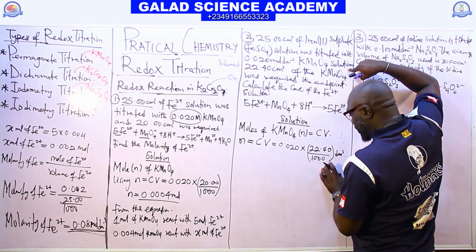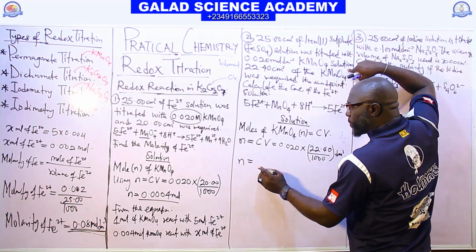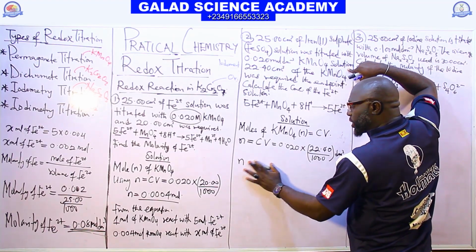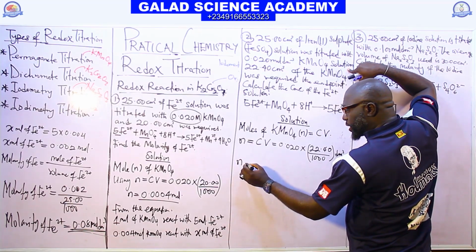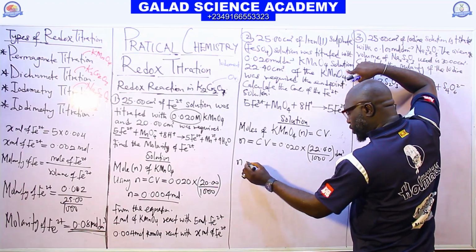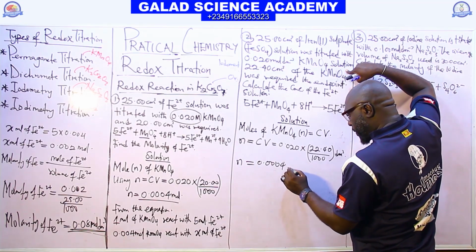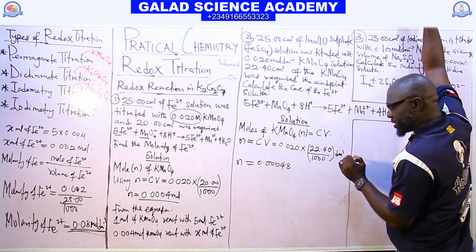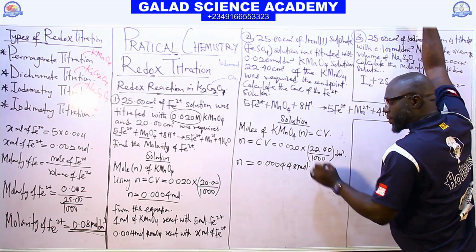So by doing that, the number of moles of KMnO4 will now give us 0.000448 mole.